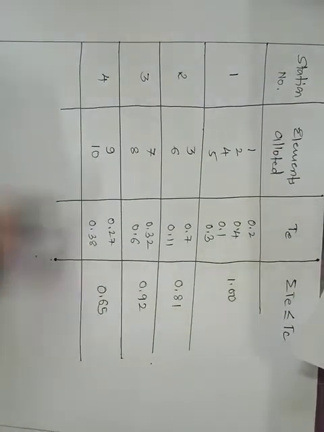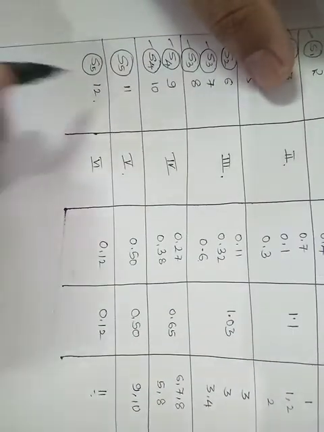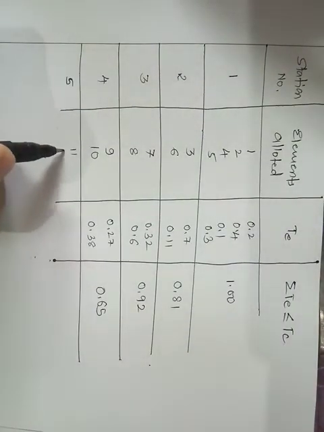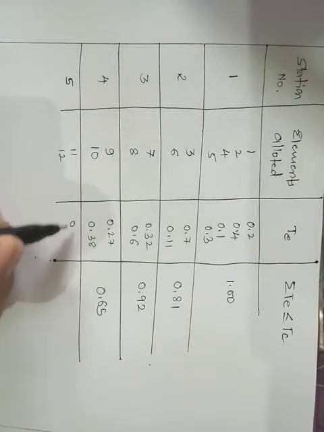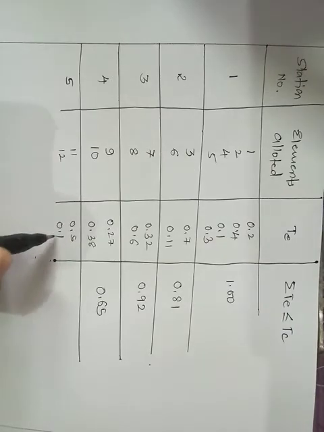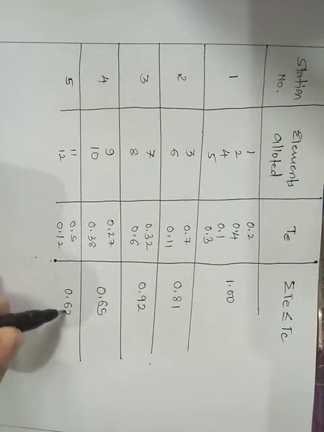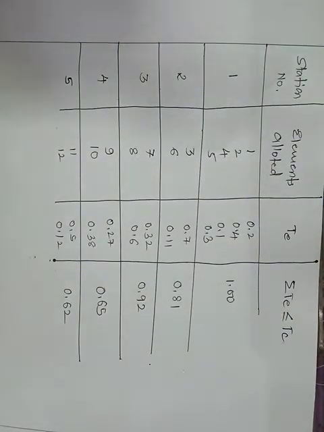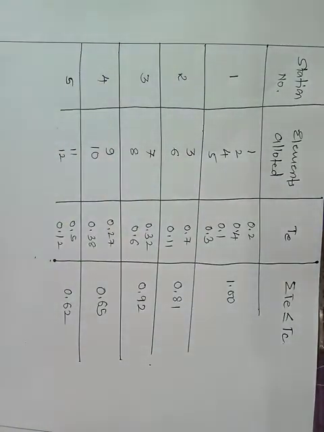And at last you go for station 5. In station 5 there are two elements, 11 and 12: 0.5, 0.12, so it is 0.62. Right, so this is your final allocation of work elements to the respective workstations. So this should be your answer table.